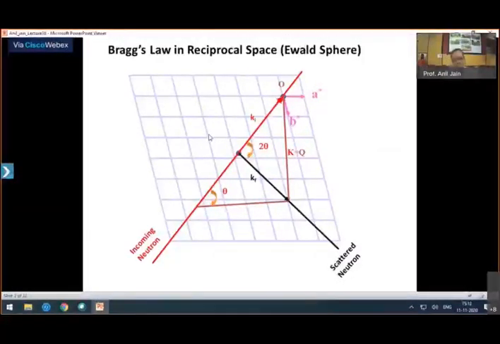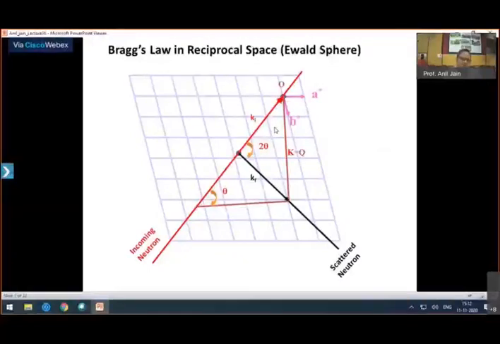So one has to access as many of these reciprocal lattice points as one can and get the intensity information of every reciprocal lattice point in 3 dimensions.